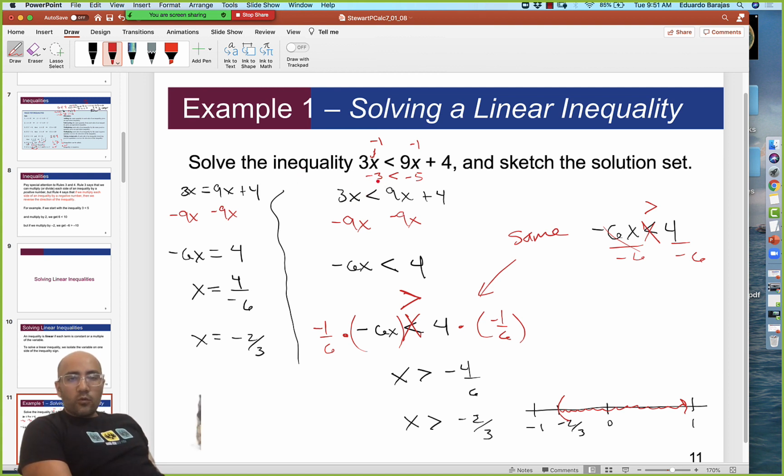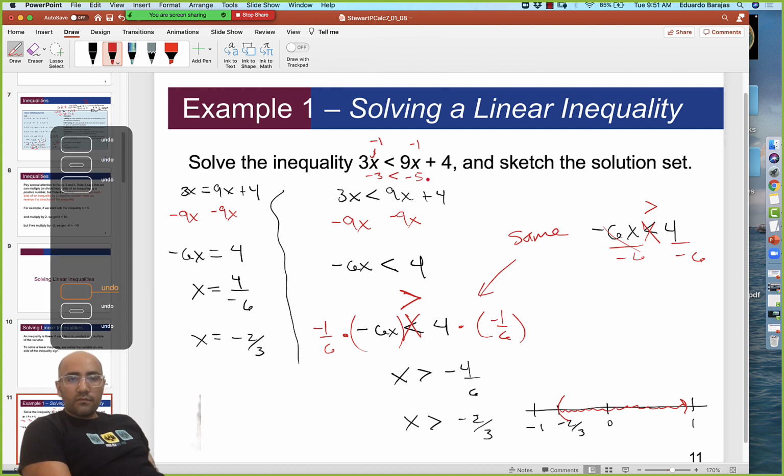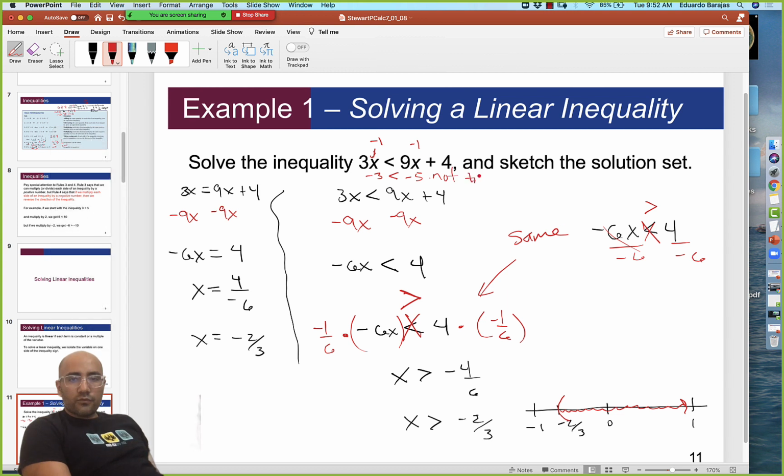So someone who only owes $3 is wealthier than someone who owes $5. Right? So this is no longer true. That's why -1 is not part of the solution set. Good? Not true. x equals -1.